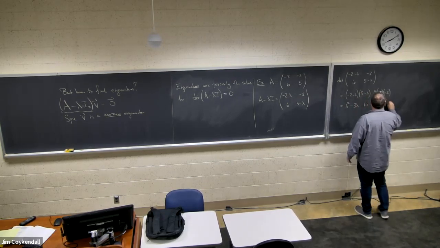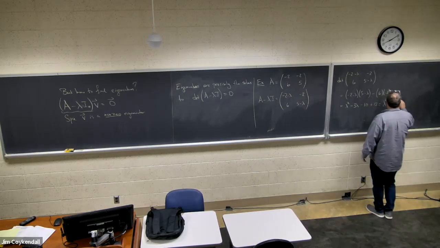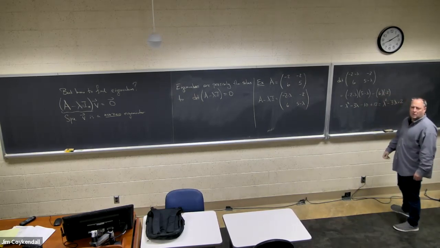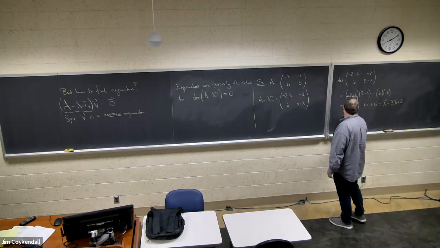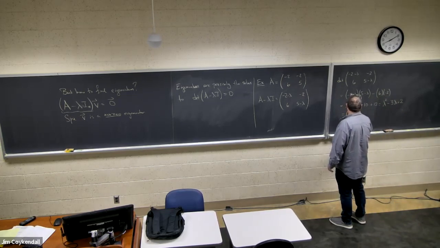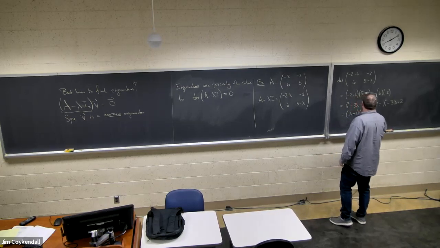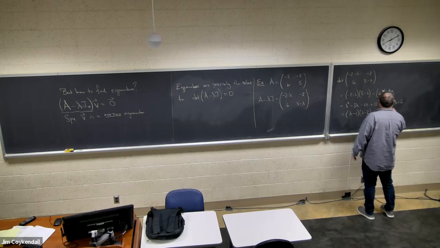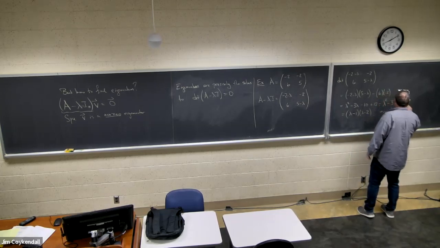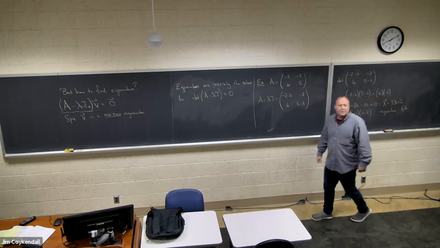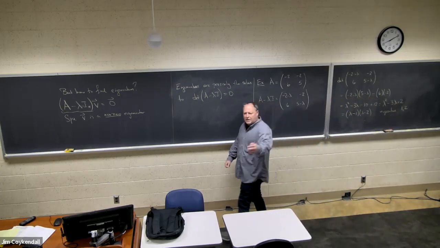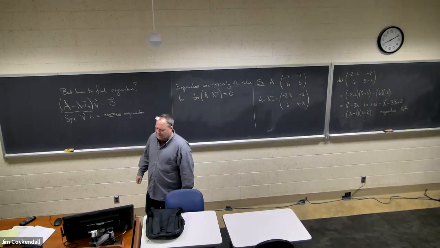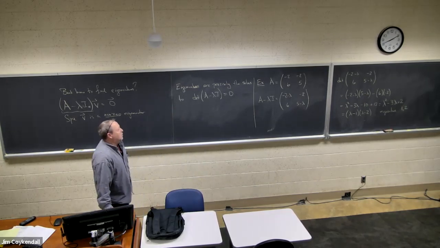So lambda squared minus 3 lambda plus 2. And this factors conveniently as lambda minus 1, lambda minus 2. So I get eigenvalues 1 and 2. I certainly used 1 in the example last time. I said, oh, look, what an eigenvalue. That's where they come from.